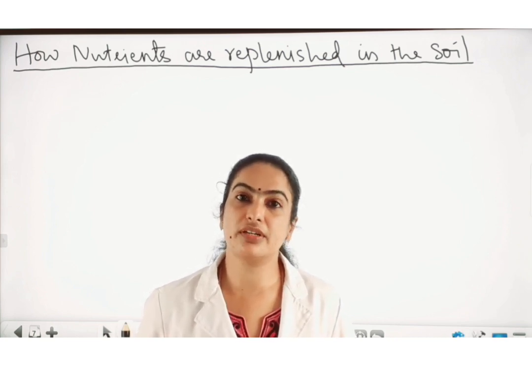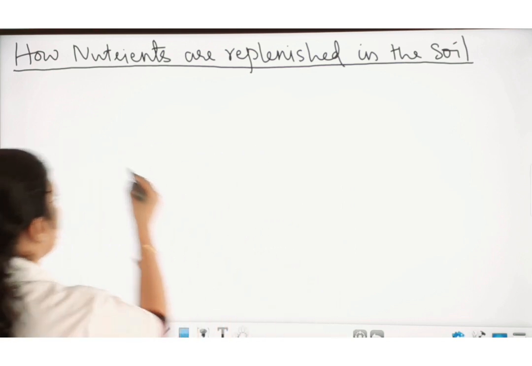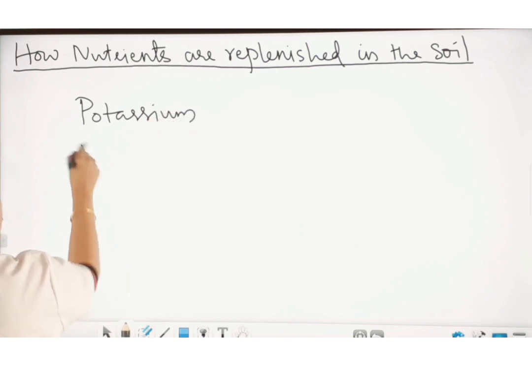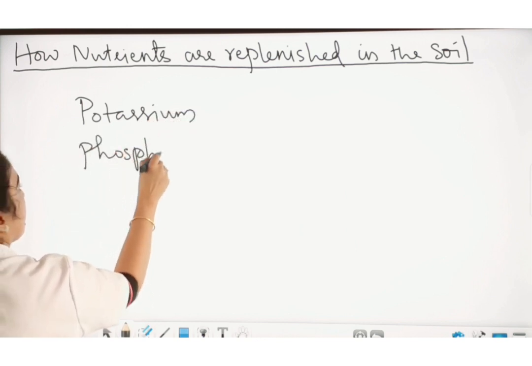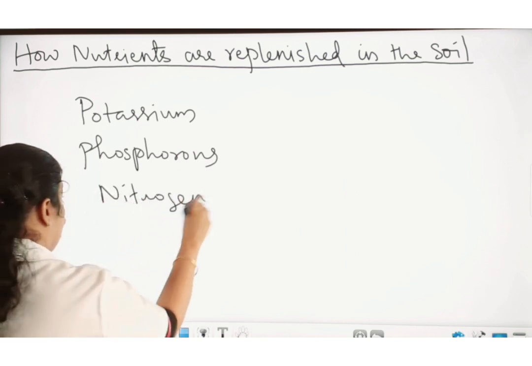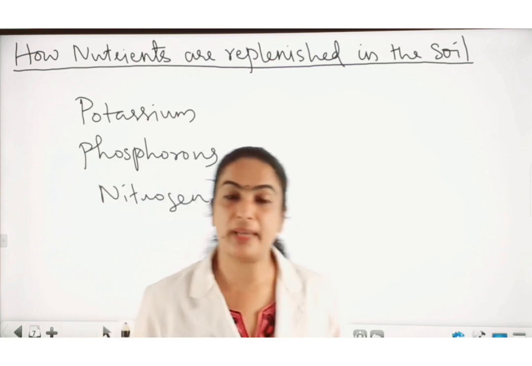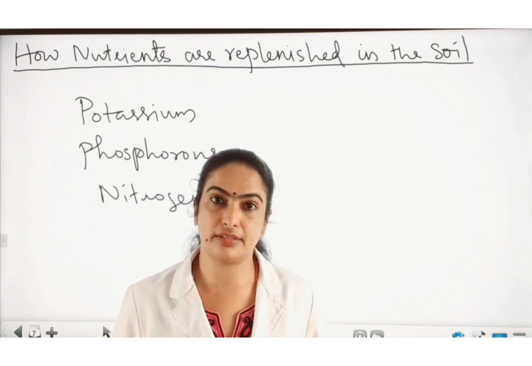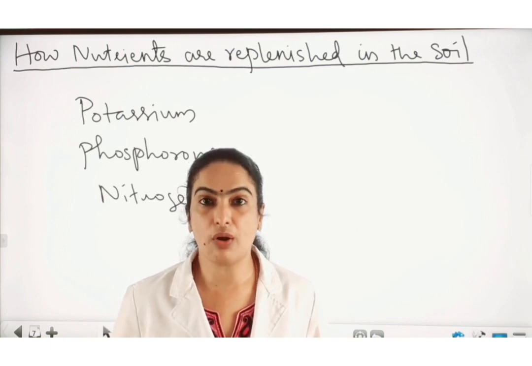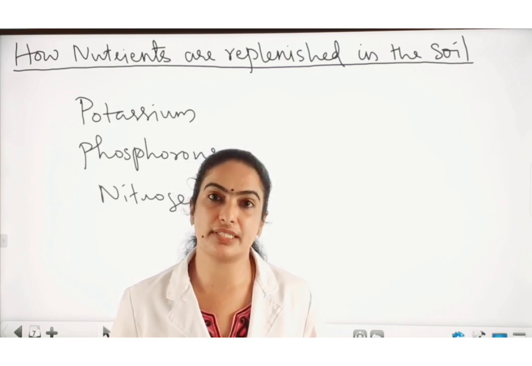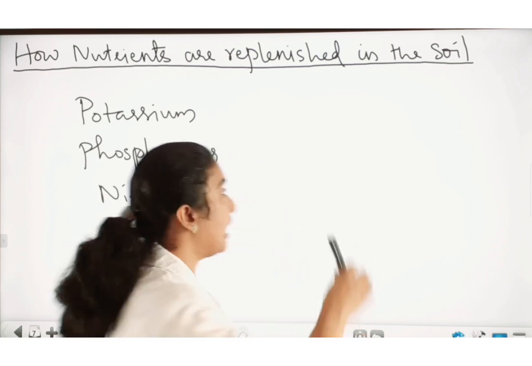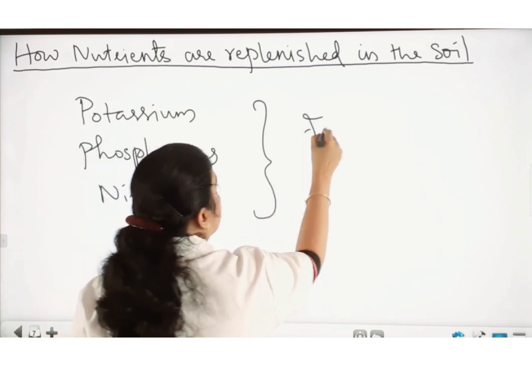The major nutrients required by the plants are potassium, phosphorus, nitrogen, etc. These are the major nutrients required by the plants for proper growth and development. So the continuous absorption of these nutrients from the soil causes deficiency of some of these nutrients. So the farmers are forced to add these nutrients in the form of fertilizers.